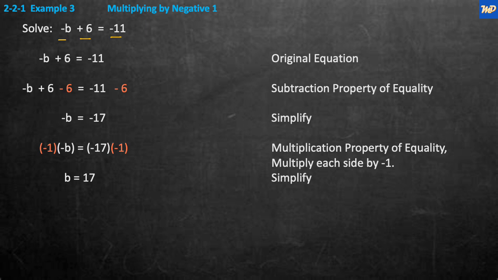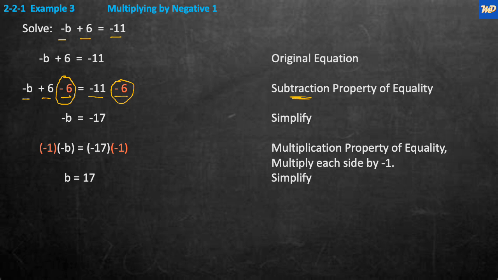I'm going to say negative b plus 6 minus 6 is equal to -11 minus 6. On both sides I added a -6. I'm not saying subtraction, though I wrote it in that form, I'm really adding a -6. It'll help in the future if you think that way.